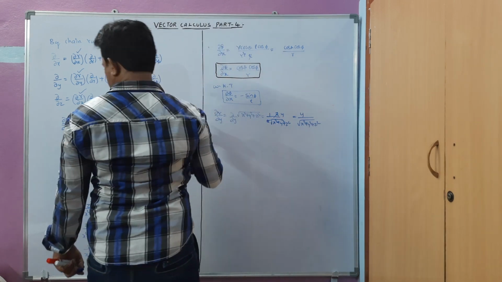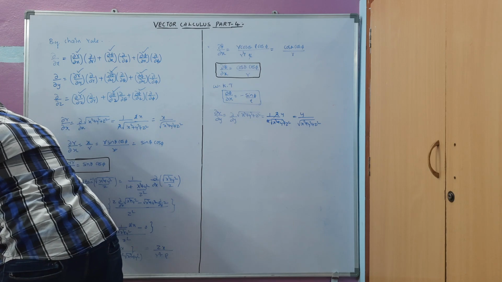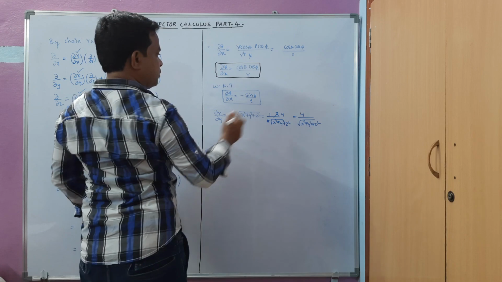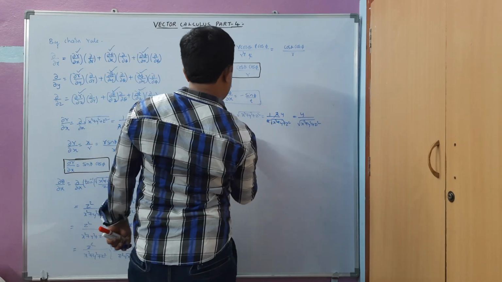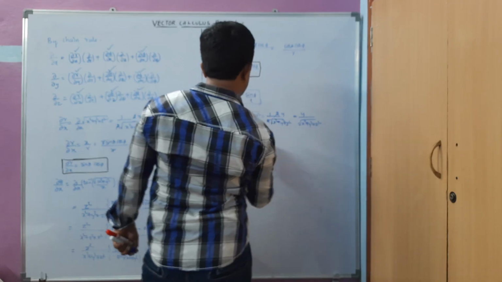So what is y? We know that y is equal to r sin theta sin phi, that is rho sin phi, and this one will be equal to r square.